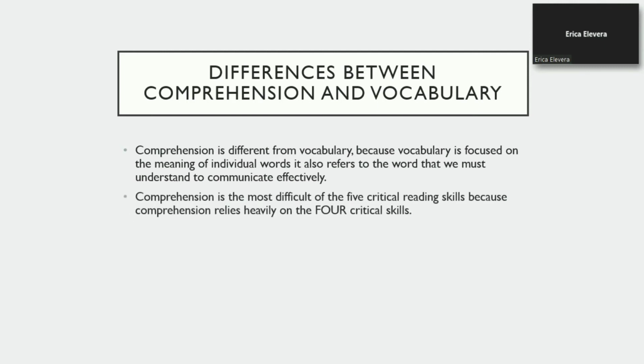Next, comprehension is the most difficult of the 5 critical reading skills because comprehension relies heavily on the 4 critical skills. The 4 critical skills are critical thinking, creative thinking, communicating, and collaborating.